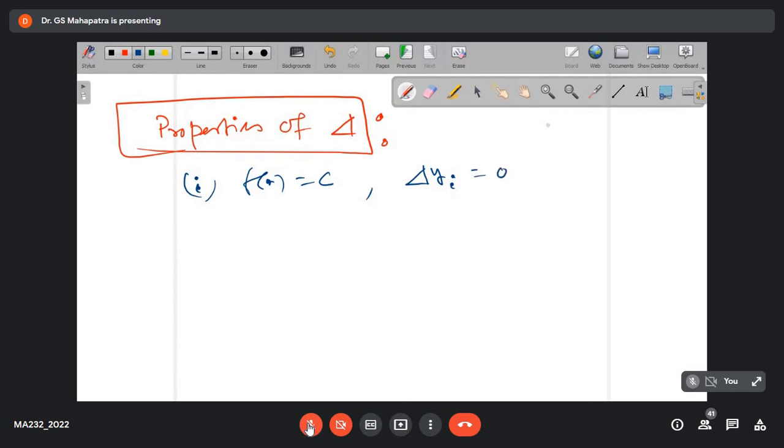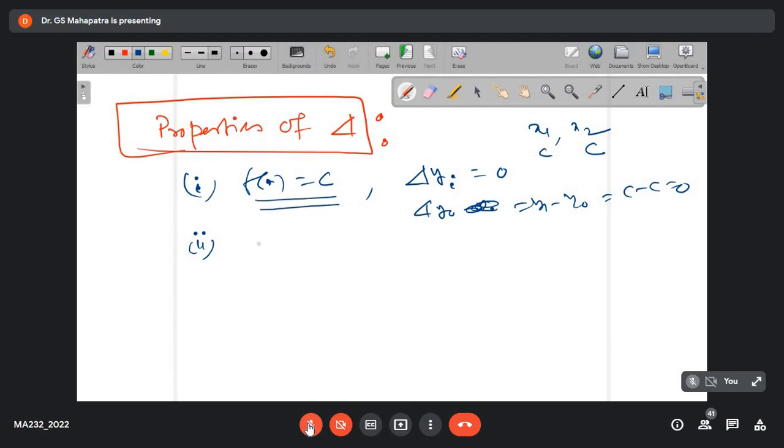The function value is always c, so del of y0 is y1 minus y0, c minus c, which is 0. Now say the function is not constant: f of x is x square, and another function f of x is 5 into x square. What is the difference between these two functions?